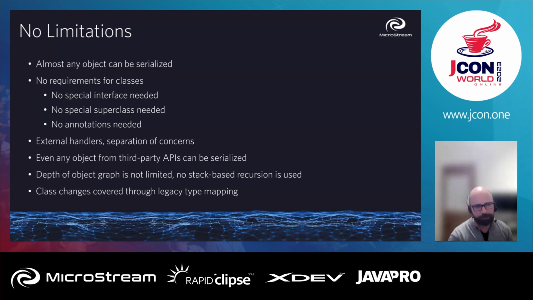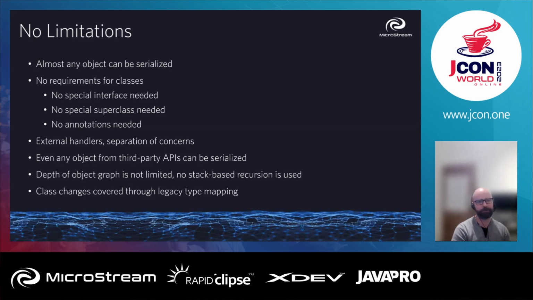So for separation of concerns, we have external handlers. So you can, but you don't have to, put the code which customizes the transfer or the conversion from objects to bytes and back, which is done by type handlers. They can be used externally or created in a different class and then registered at the serializer. And so you can write custom handlers, for example, for third-party library classes as well. So the depth, like mentioned, is not limited.